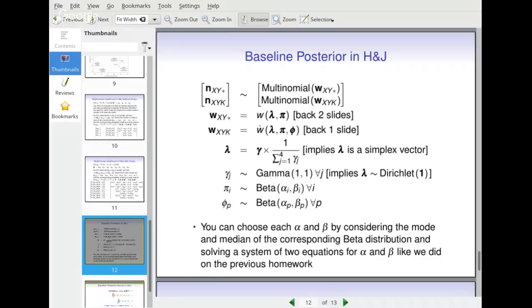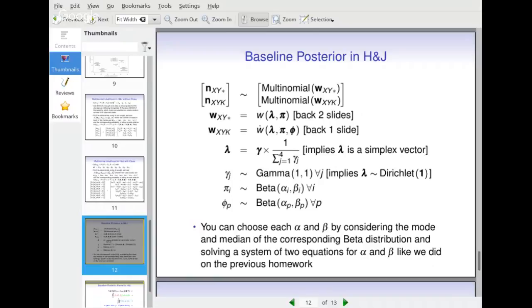You could think about the mode and the median that you believe prior to seeing the data, and you could solve this system of 2 equations for alpha and beta, and then you know what values of the shape parameters for the beta distribution you should use to describe your prior beliefs about pi or about phi.